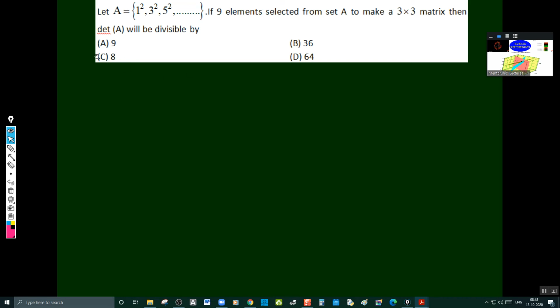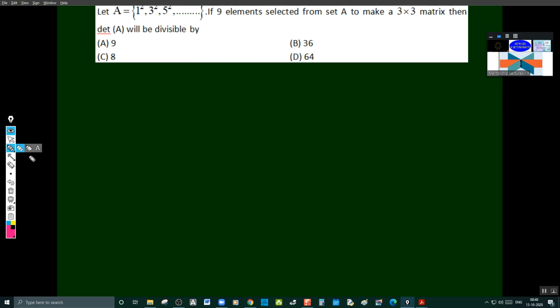So, what is that we do? That is what he means to say. He has chosen 9 elements from set A. You can have consecutive also, no issues.